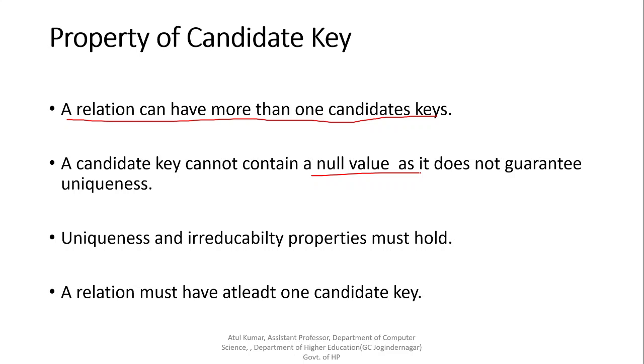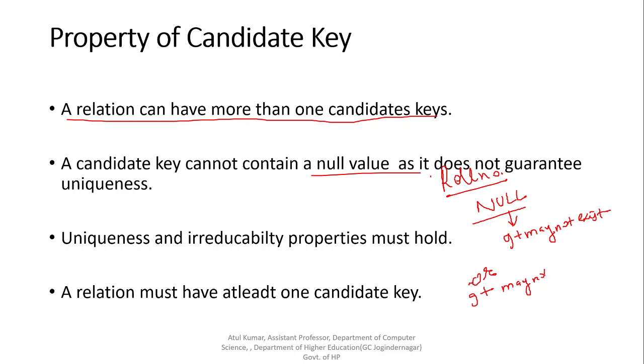So for example, suppose I have student roll number, and if I take this as a null, so null means it may exist or it may not exist.